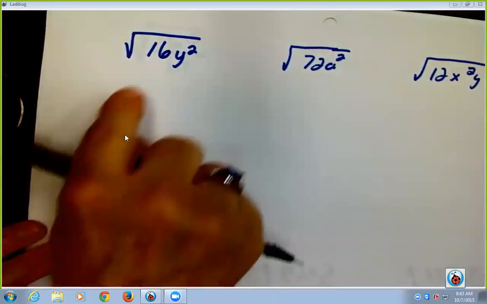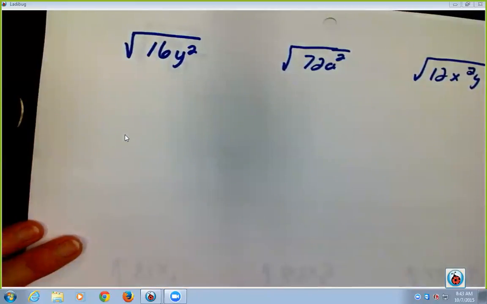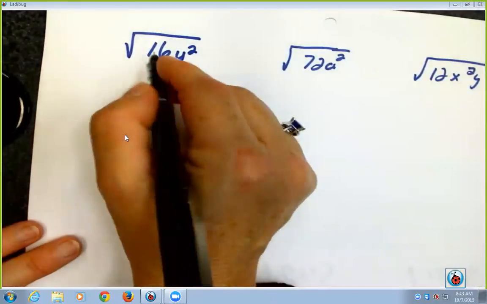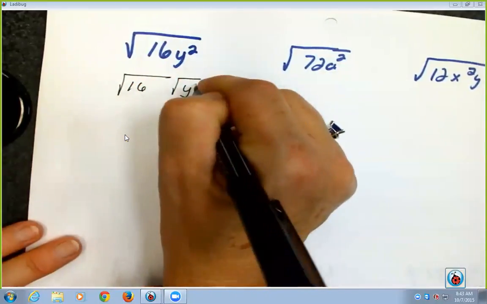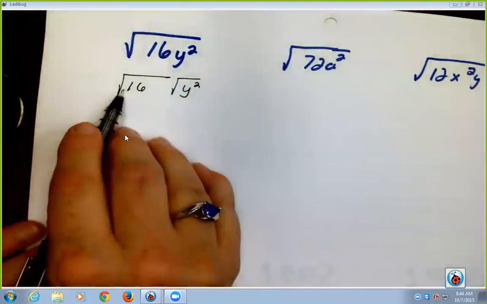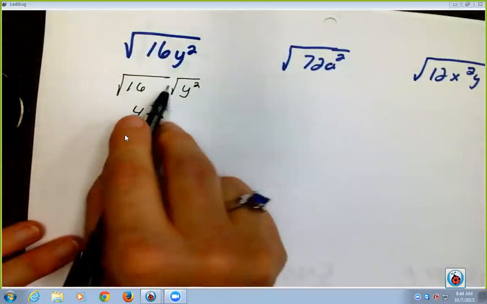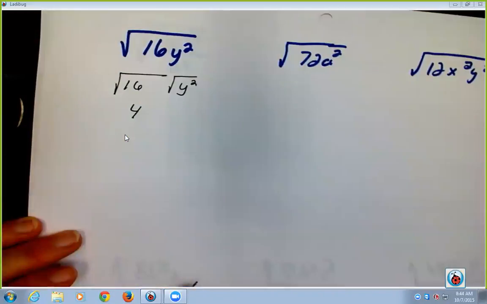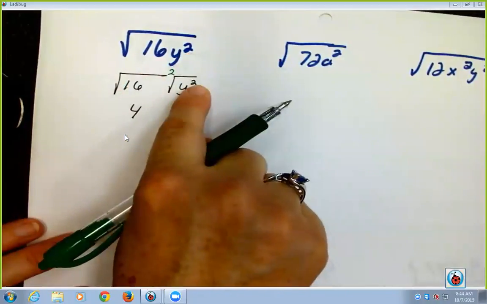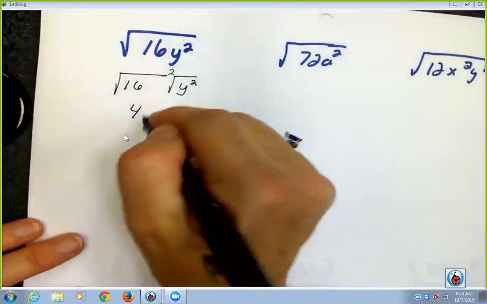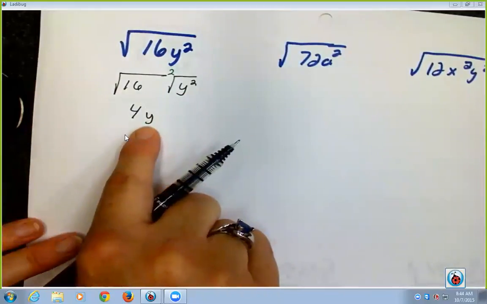So if we look at this very first one, the square root of 16y squared, we can break it apart into the square root of 16 times the square root of y squared. So the square root of 16 is 4. Y squared, there's again a 2 sitting right here. So 2 goes into 2 once, meaning that is my new exponent when I pull my y out.